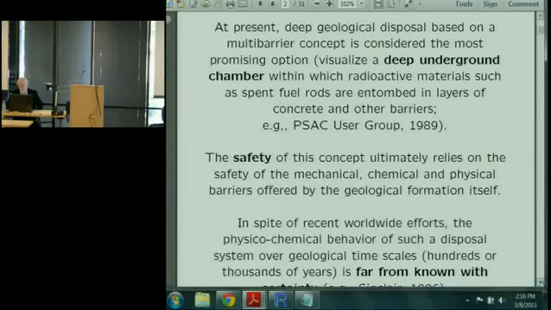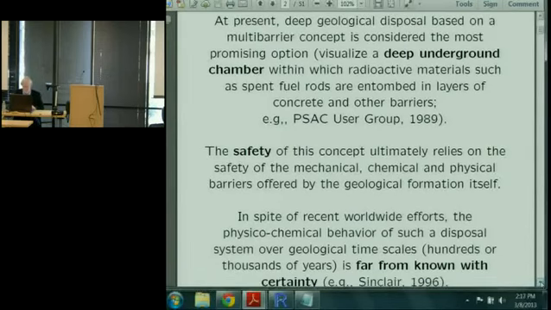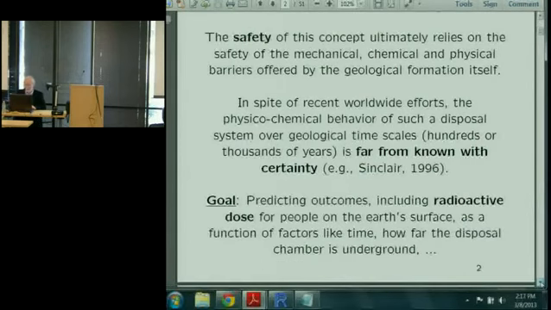So think about a deep underground chamber. And of course, the safety of this concept relies on the safety of the mechanical and chemical and physical barriers offered by the geological formation itself. And in one part of the work we did, we separated out the risk that came from putting it on trains and trucks and moving it there, and we talked only about what would happen in terms of risk at the site.